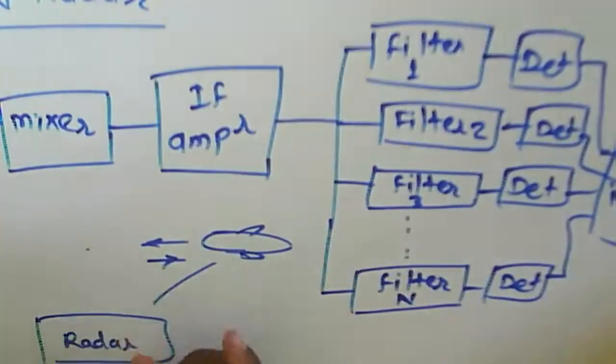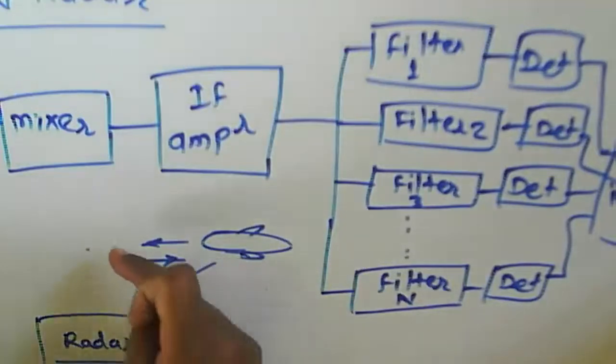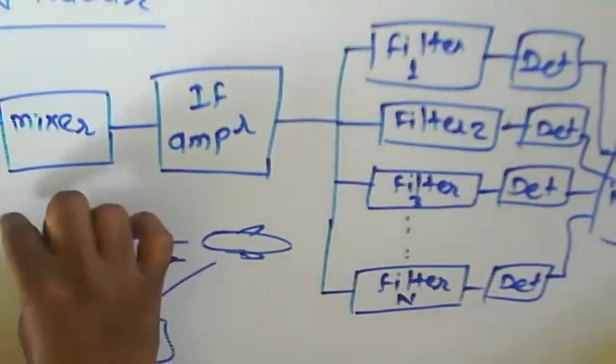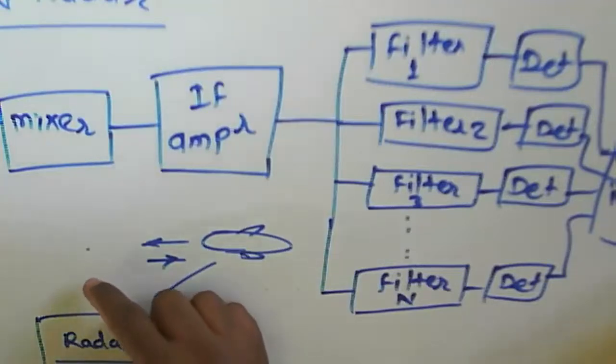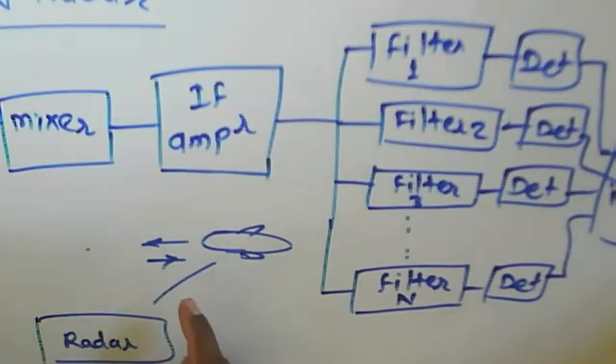If your target direction is in this direction, the target is rotating in that direction. Then the antenna placed on this radar needs to be steerable, and it has to rotate toward the target direction. If the target is moving in this direction, the antenna placed here has to be moved in that direction.